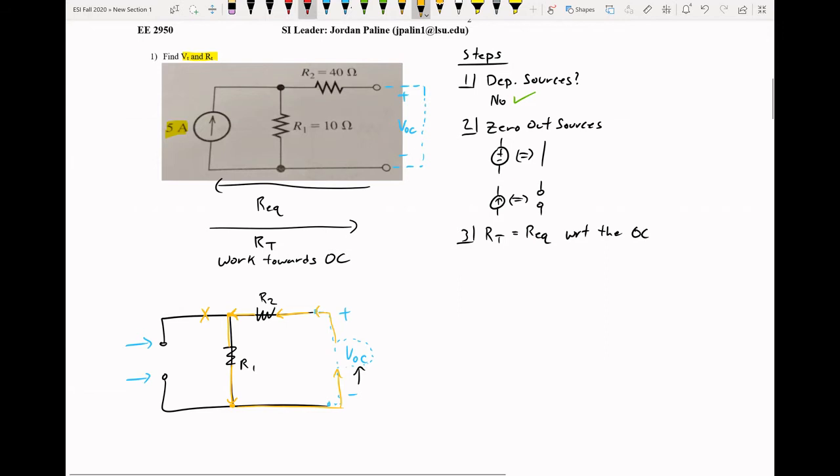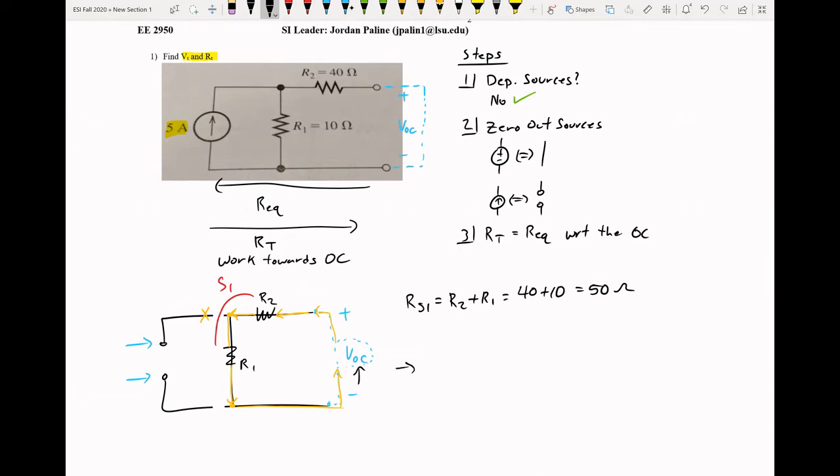So we can essentially say that part of the circuit does not exist for us, and we're just looking at this. If we look at this circuit on the right, we see that these two are in series. So I can say R series 1 is equal to R2 plus R1, which is 40 plus 10, which gives me 50 ohms.